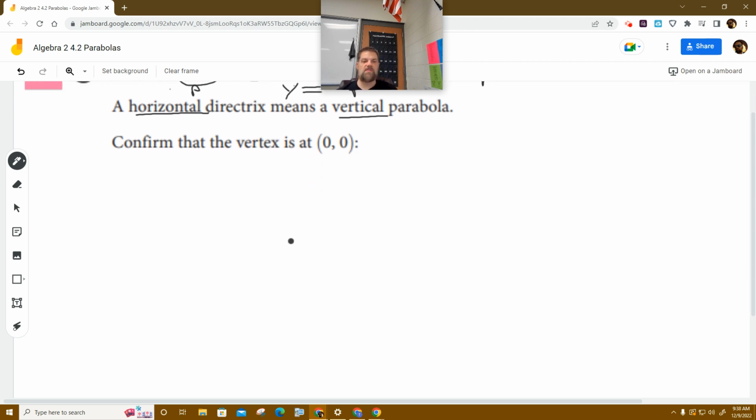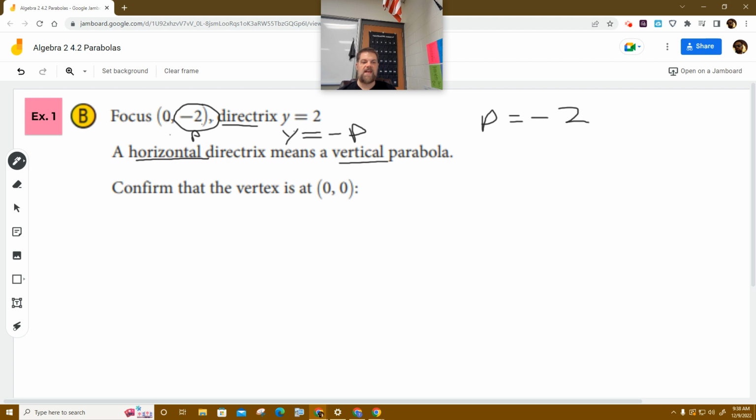Okay. So let's do that. How do I confirm that? Well, we said that the y coordinate was, how did I word that? So let's talk about the vertex.